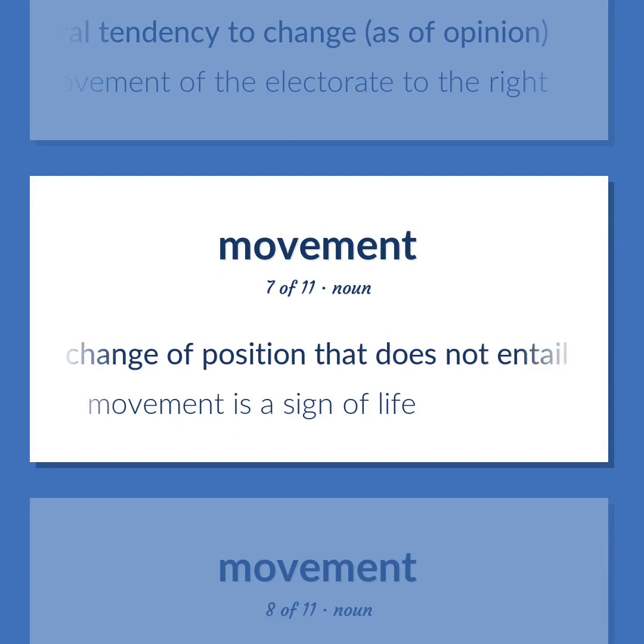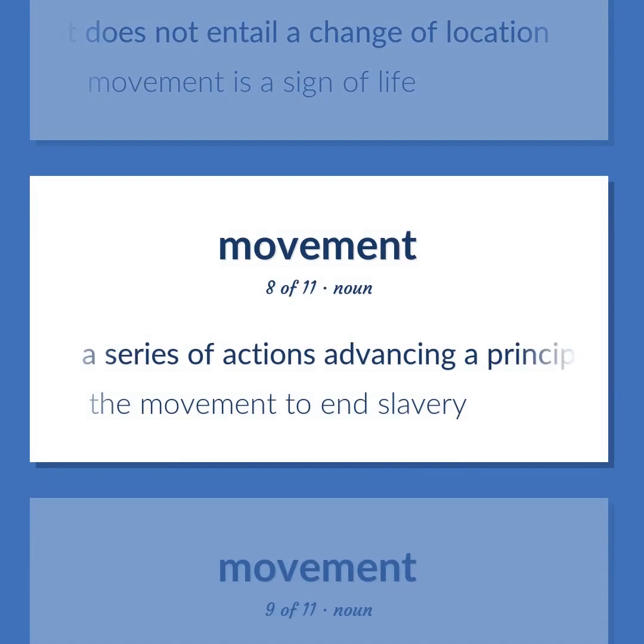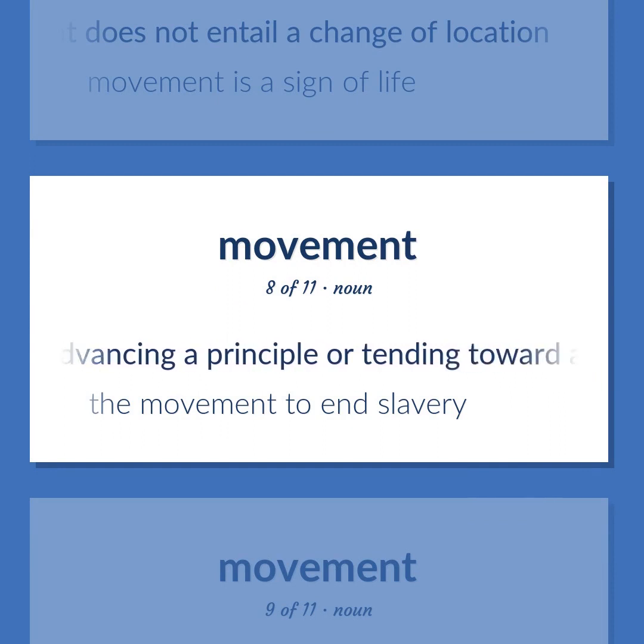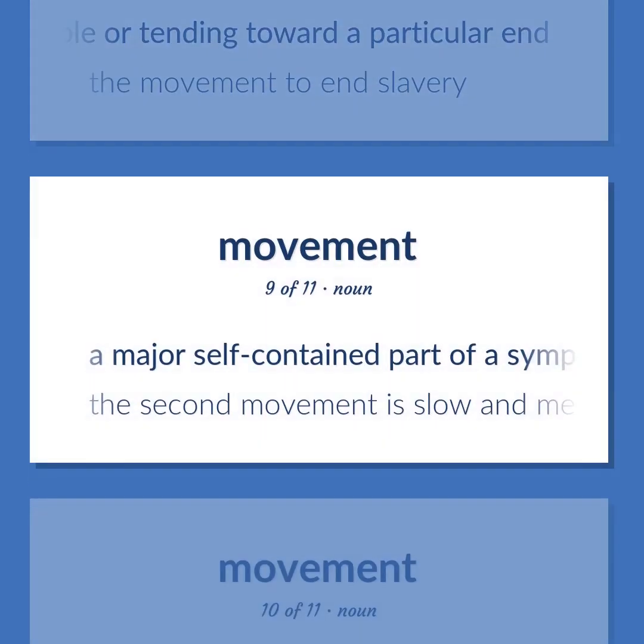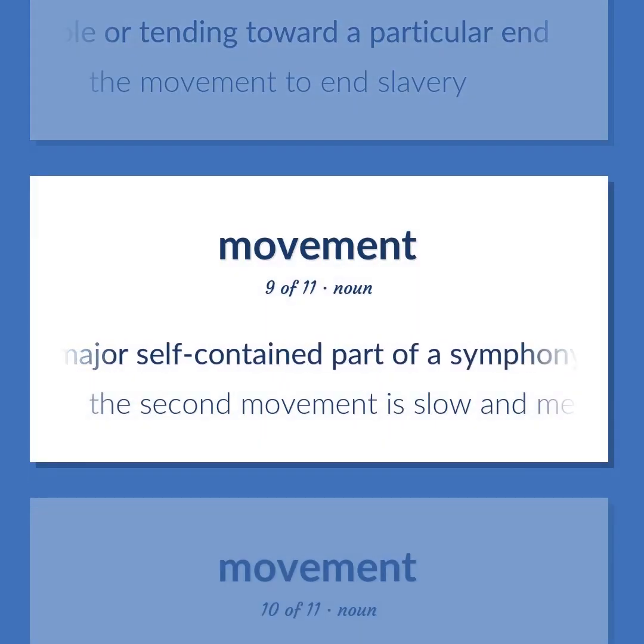A change of position that does not entail a change of location. Movement as a sign of life. A series of actions advancing a principle or tending toward a particular end. The movement to end slavery. A major self-contained part of a symphony or sonata.